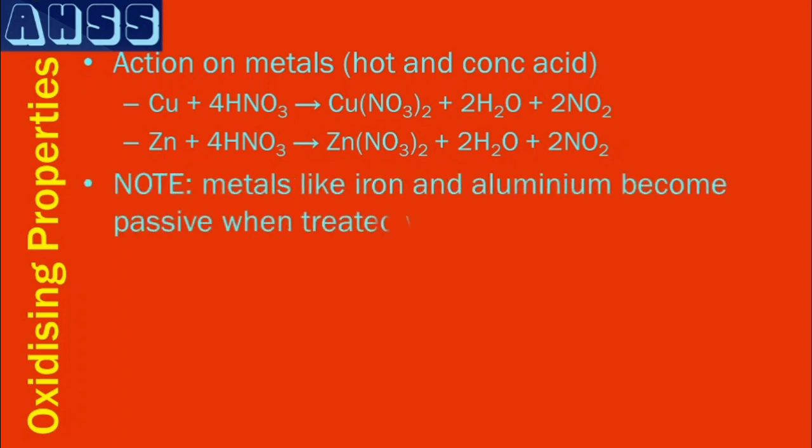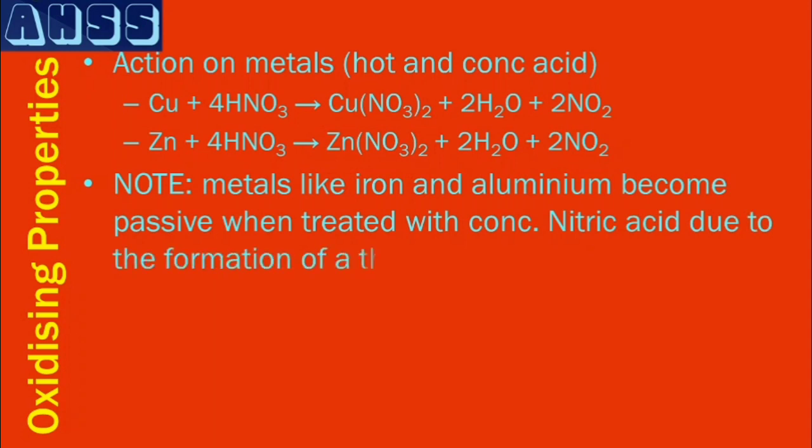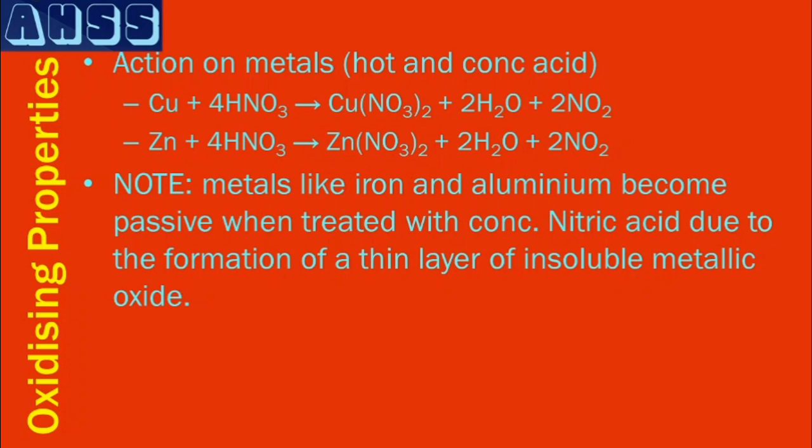Note, metals like iron and aluminium become passive when treated with concentrated nitric acid. It is due to the formation of a thin layer of insoluble metallic oxides which renders them passive. So this is known as the passivity of metals.